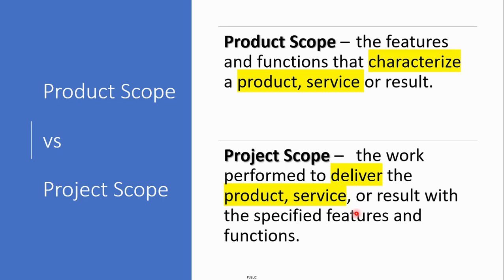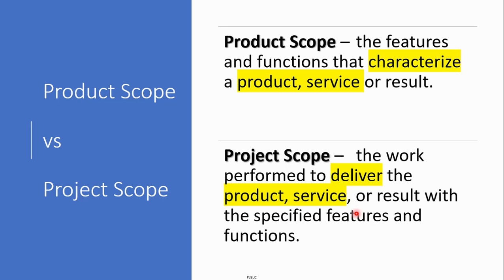Let's take an example to understand this. Let's say you are a project manager in a project to develop an electric vehicle. The product scope of an electric vehicle will include all the functions and features that are required and envisaged by the designers of the product. The project scope includes the activities that need to be performed in order to deliver the electric vehicle.